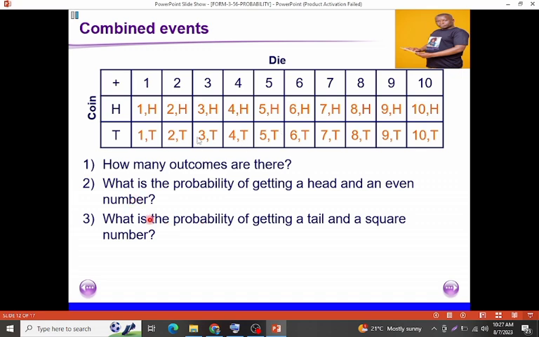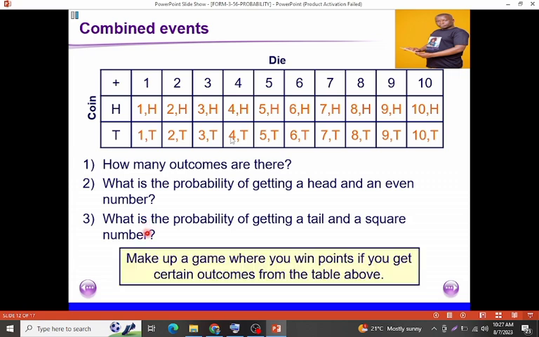So you can get the probability there. You have 3 numbers out of 20. So you can make up your own questions based on this sample space.